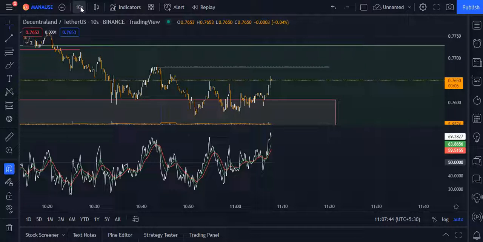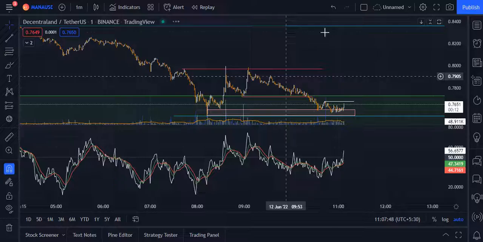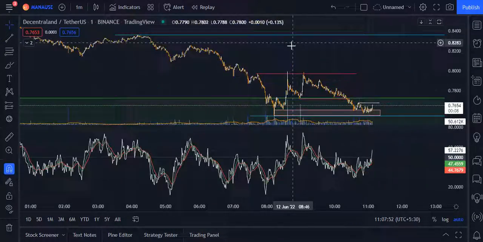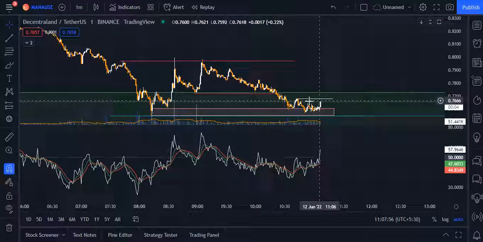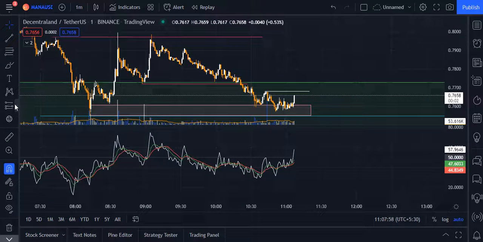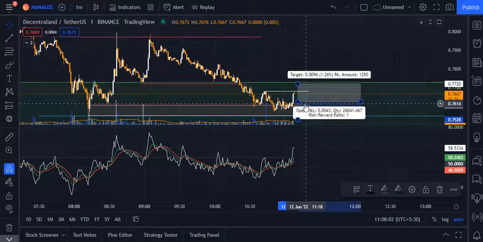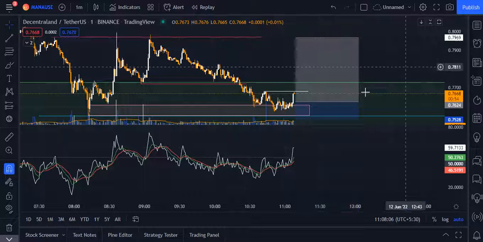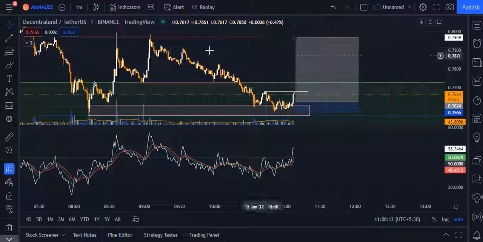Actually, it's not this one, it's 5 minutes perhaps now. Yeah, actually this one. I'm looking for the perfect breakout, but perhaps there can be a long position over here where the market will enter, and this can be the target, and this will be the stop loss. So it's pretty much this much, a 1:5 ratio.